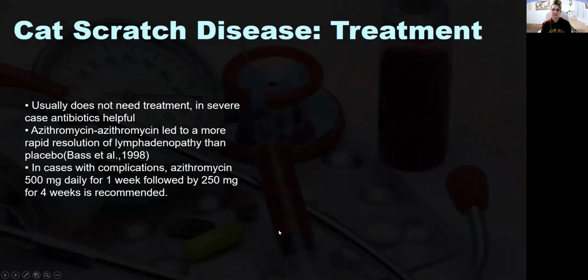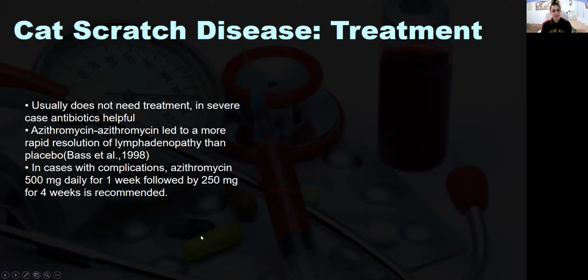Cat scratch disease treatment. Now, I already mentioned before, and I will mention again, you usually do not need treatment. Usually it's self-limiting and people do heal. However, in cases where it's severe, antibiotics have been deemed helpful. And in that event, studies have shown that azithromycin led to a more rapid resolution of lymphadenopathy than placebo.